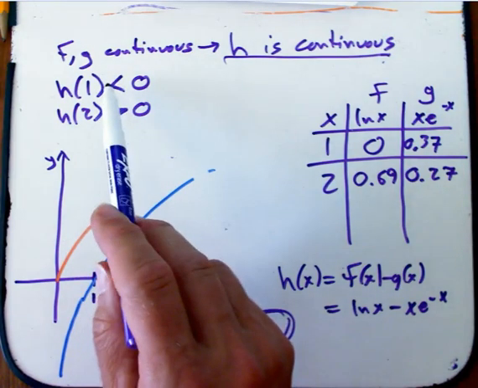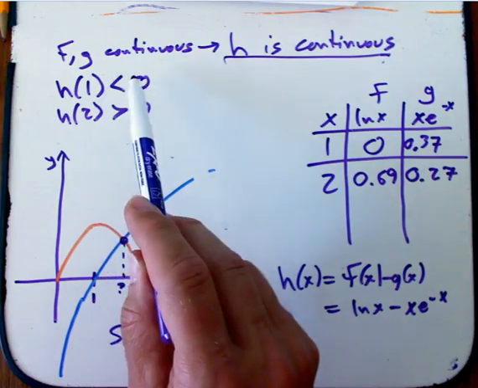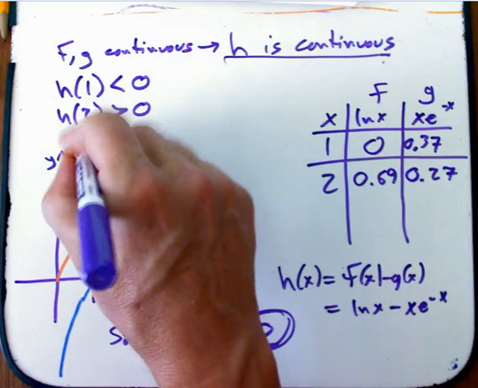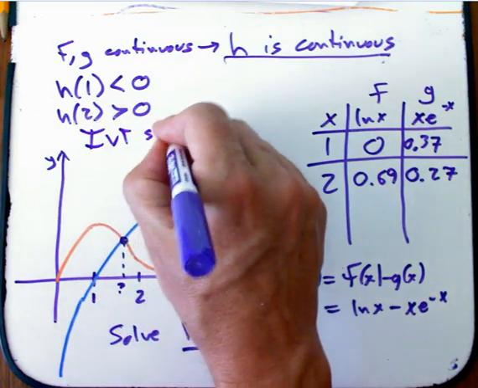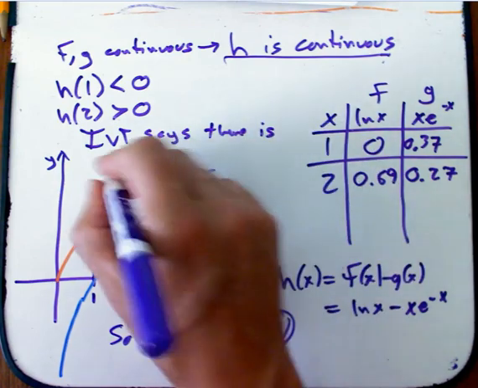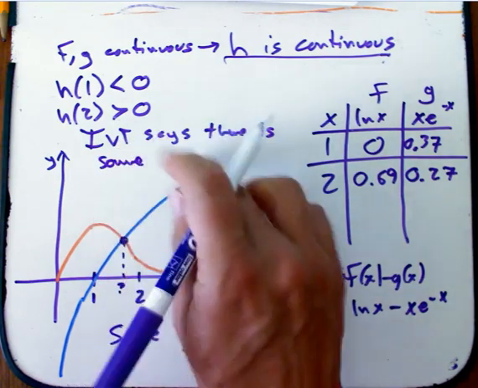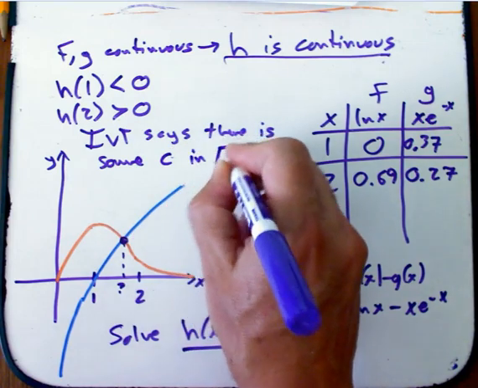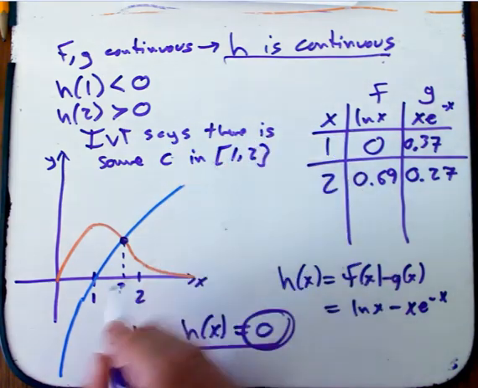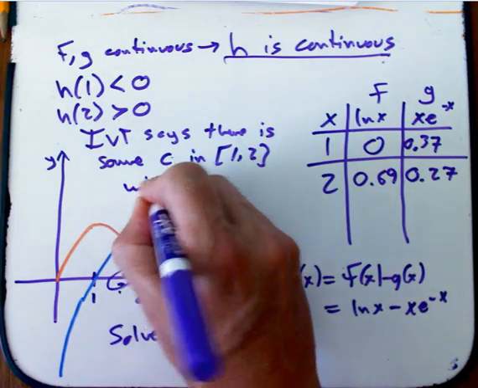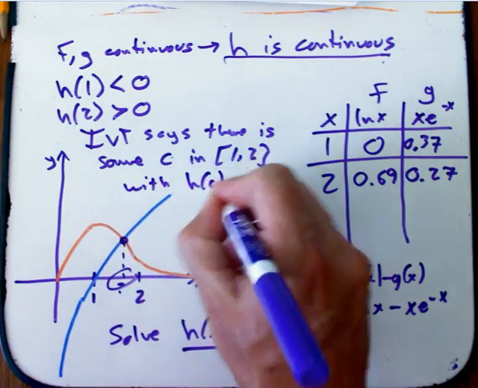And we have now done a calculation to show that it goes from one side of 0 to another side of 0. Okay, so then IVT says there is some, let's just call it c, there's nothing magic about that, c, and specifically in the interval 1, 2, surprise, surprise, somewhere in here, with h of c equals 0.